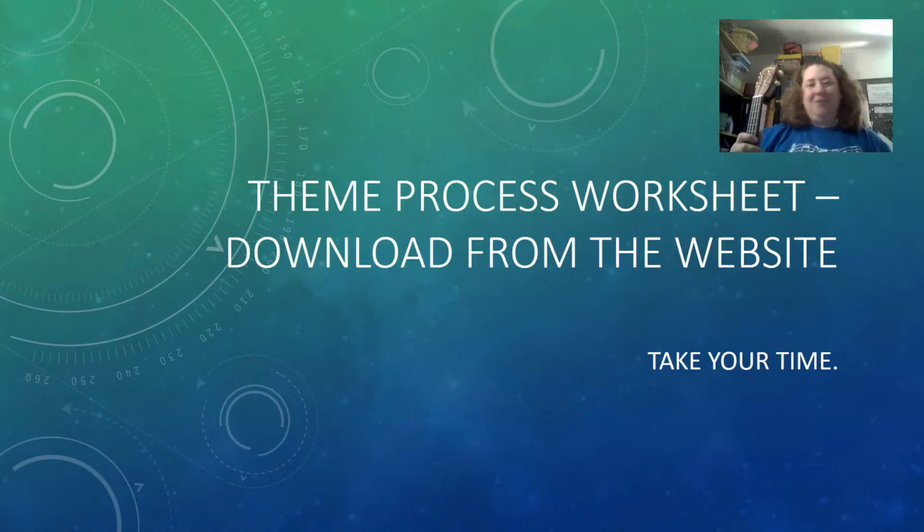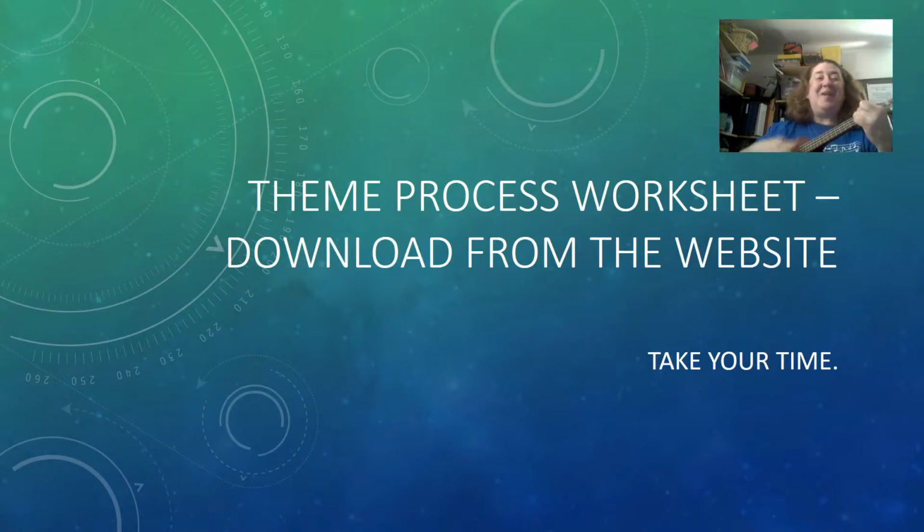I've got a little ukulele music for you while you're doing this process. You can pause on this slide while you are doing that, or you can just sit and listen to the ukulele music. I am getting better at the ukulele. It's amazing how that works. I can now play in 2 keys.